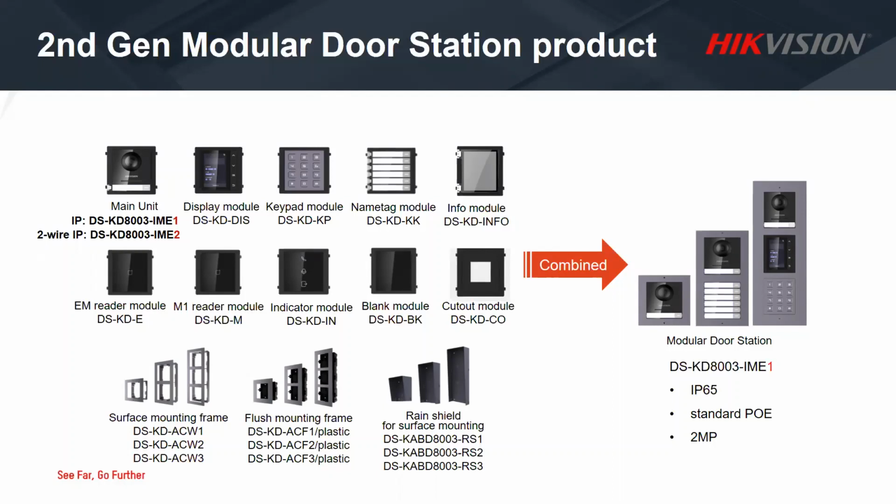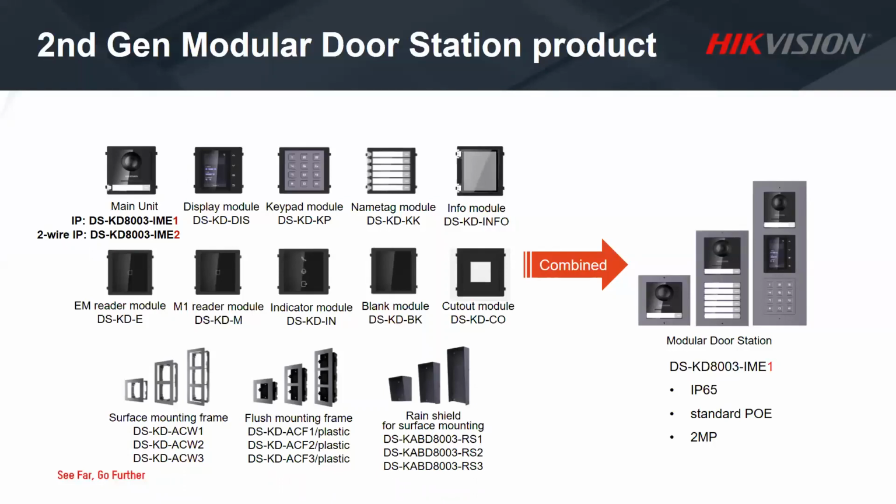So actually, I display here two different main units. One for IP system, that will end with 1, and then the other is the 2-wire IP system that ends with 2. Then there's only one model for the sub-modules. Why?